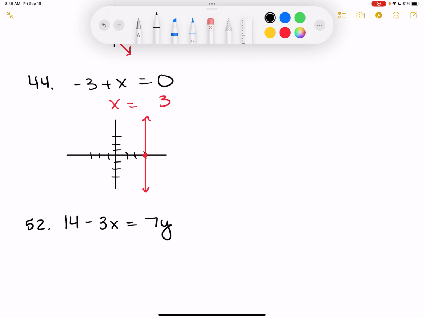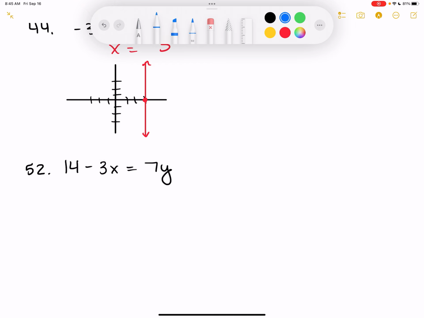So if you divide by 7, then you're just going to have 2 as your y-intercept, and then your slope is going to be -3 over 7. So you can do it that way, or we can basically swap the 14 and the 7y and then use the cover-up method. Either way is fine. So if you want to use the cover-up, we can do that. I'll show you how to, or here, I'll write the equation for slope-intercept, and then we'll do the cover-up.